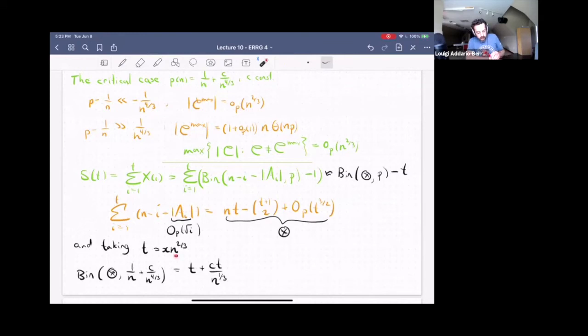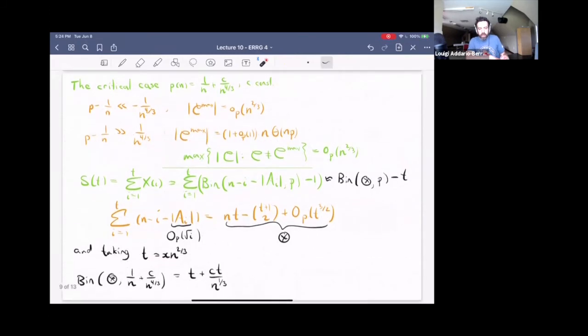I can justify doing this right away, because what we already saw in the exploration process was that after you've been exploring for a while, what's left of the graph starts to look like a subcritical Erdős-Rényi random graph.